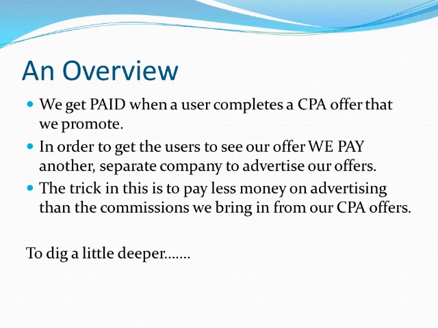Alright, so a little bit of an overview. I know this is probably a lot to digest right now. You might have to watch this a few times, but let's get a quick overview of what we've talked about. We get paid when a user completes a CPA offer that we promote.